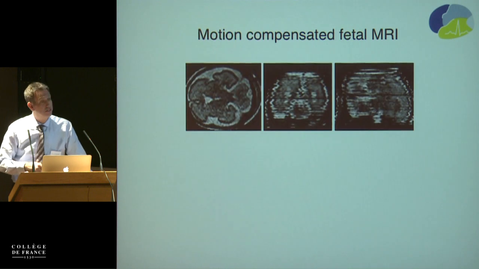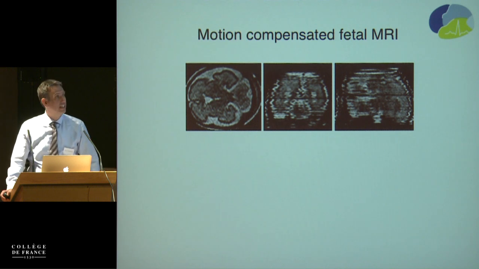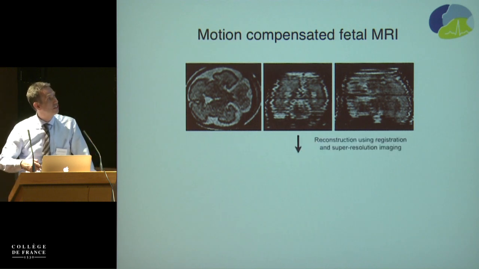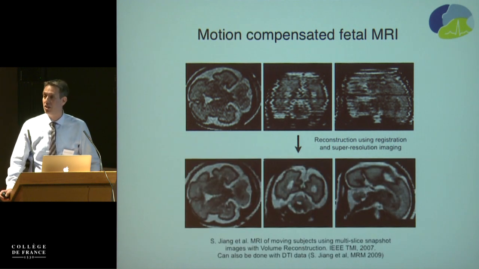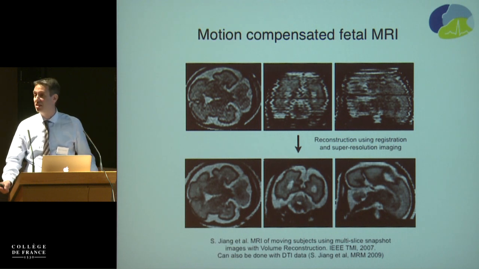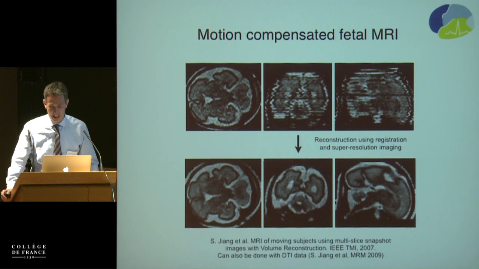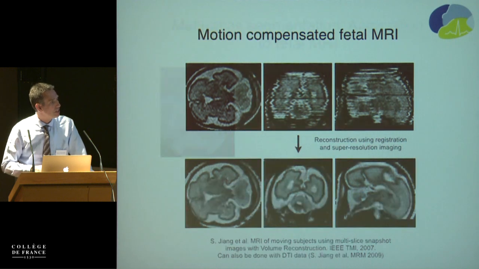So this allows us to take this initial data set I showed you earlier and apply also ideas from super resolution to reconstruct, using registration, a much higher quality three-dimensional volume of the fetal brain in utero, and we can now start doing more clever things with volumetric analysis of this fetal brain.